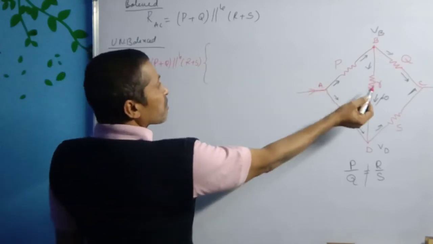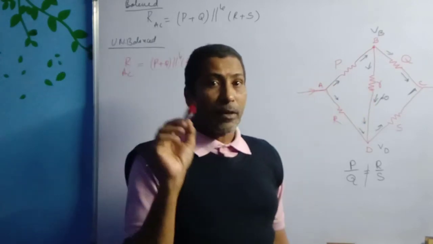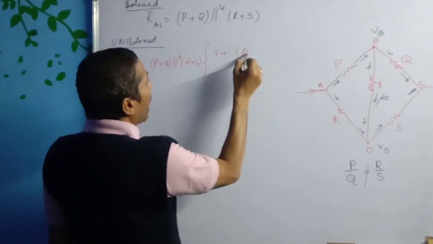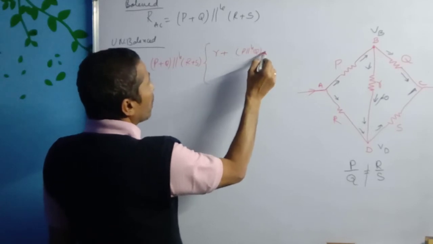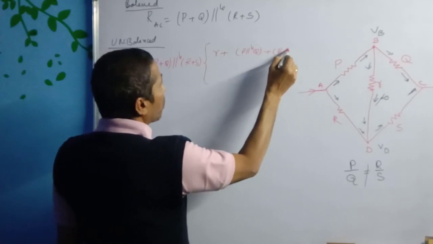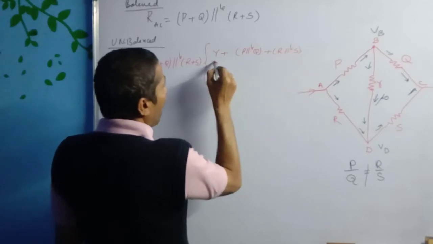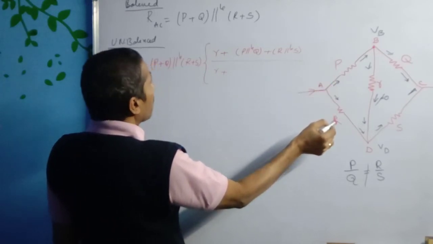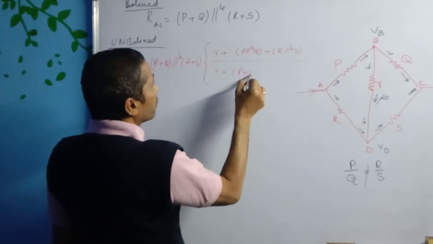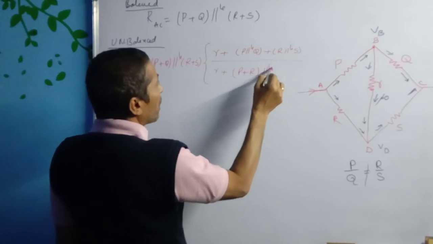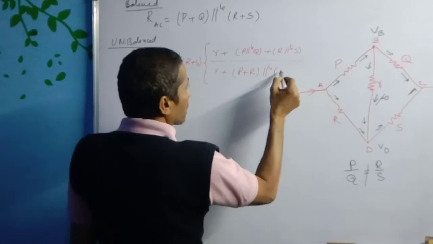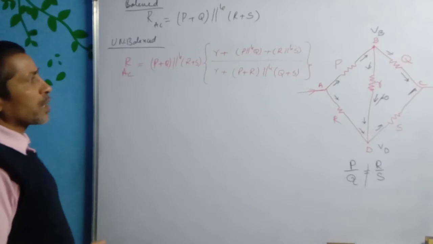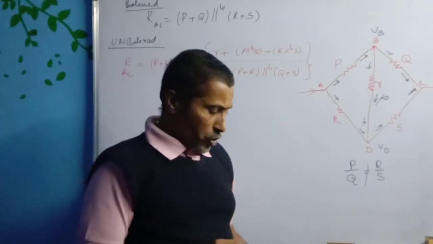In this factor, this small resistance r is also included. How? r plus P parallel to Q plus R parallel to S, divided by small r plus P plus R parallel combination with Q plus S. This formula is to be used for the unbalanced Wheatstone bridge.